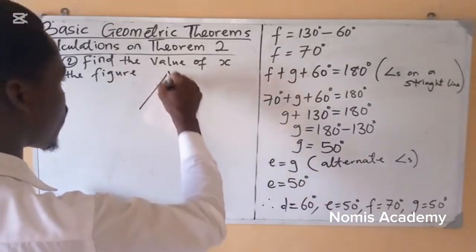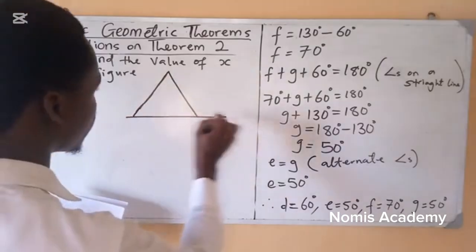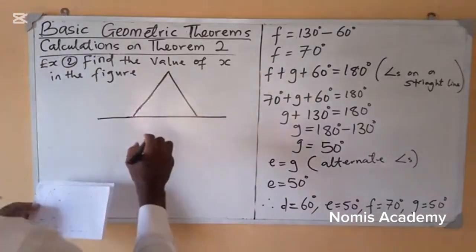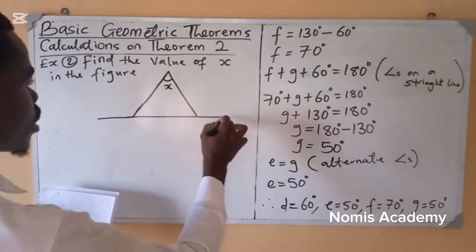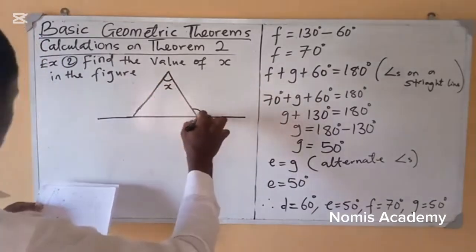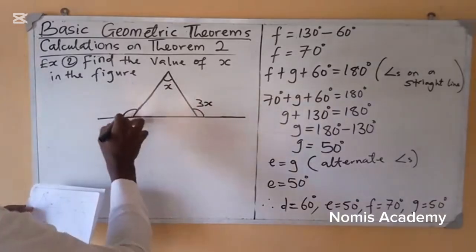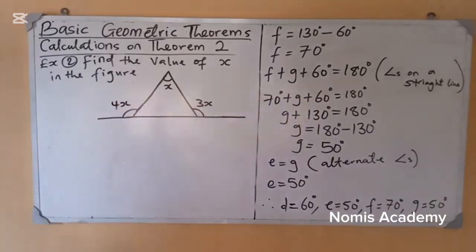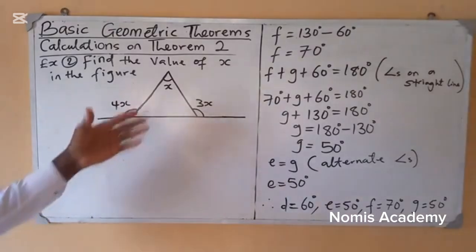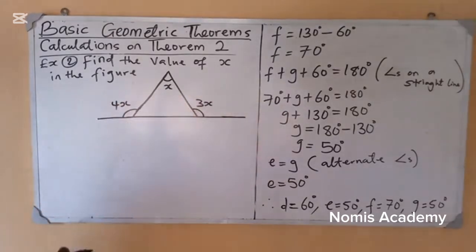So this angle is angle x, while this angle is 3x, and then this angle is 4x. So now we are asked to find the value of x in the diagram.